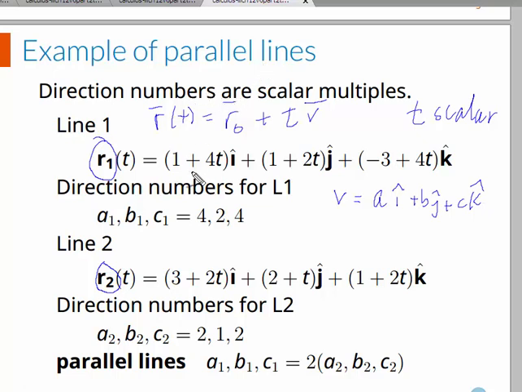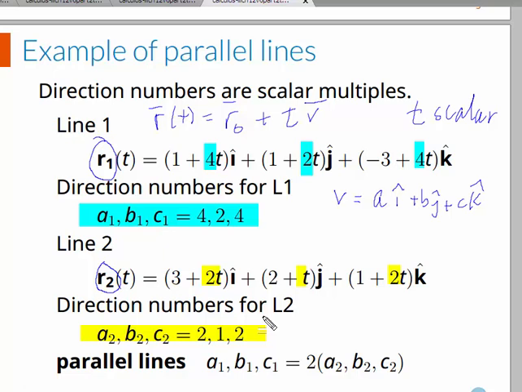All we have to do is read it off from the equation for the line. So here are the components of v sitting right here because they're multiplied by t. So we have the a, b, c for the first line, 4, 2, 4 in this case. For the second case, there's a 1 here and a 2. So here we have the direction numbers for L2.